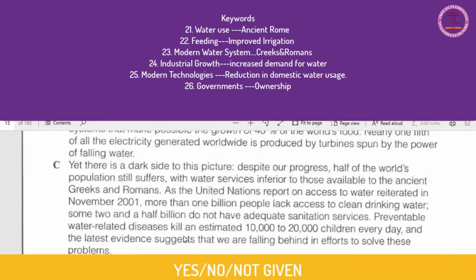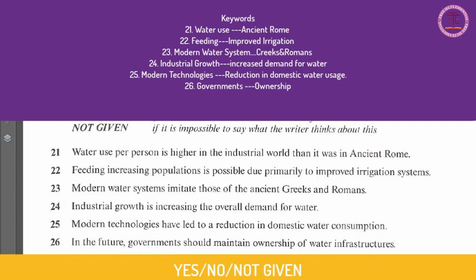Well, he's saying that half of the world population still suffers with water services inferior to those available, and he's talking about the inferior. He's not saying copying something or like this. So the answer to the question should be not given, because it is impossible to say what the writer thinks about it. There's no word imitation meaning copying something like this. So not given should be written over here.